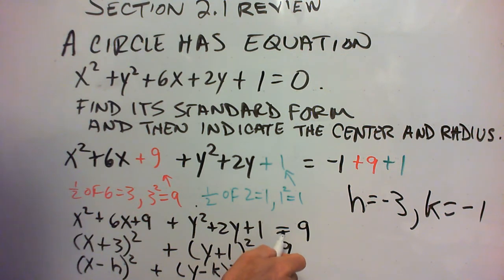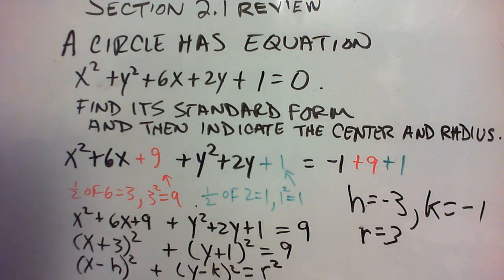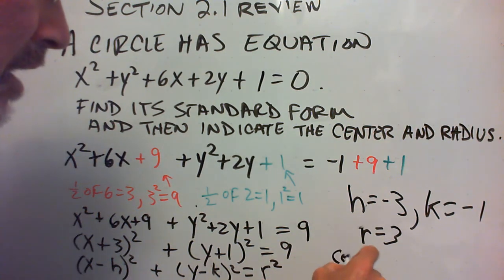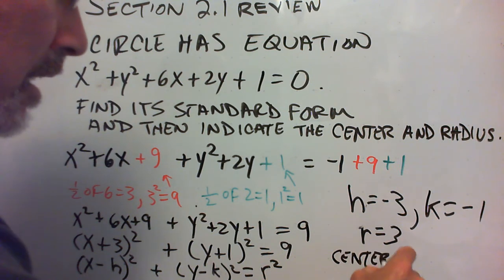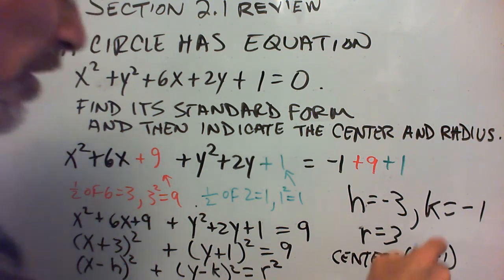And r is not 9, but r is 3 in this case, the square root of 9. So we get a center of (negative 3, negative 1), and the radius of 3.